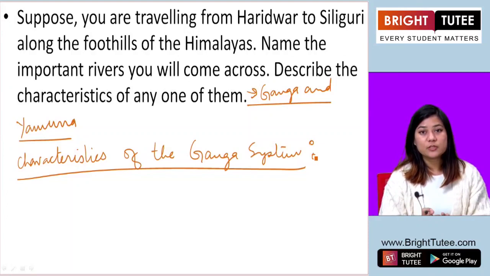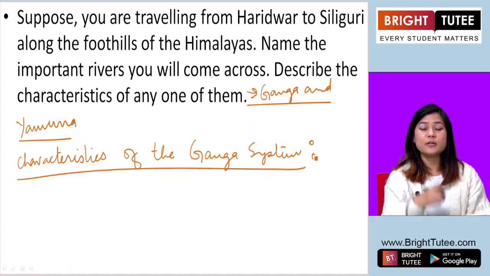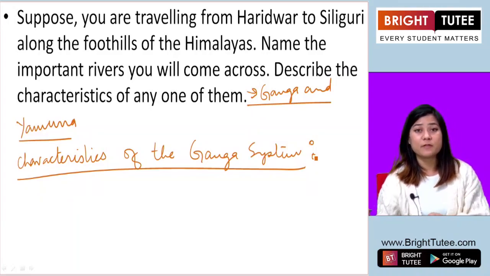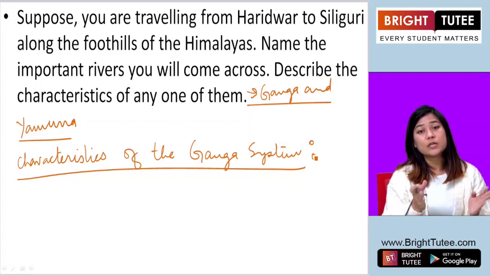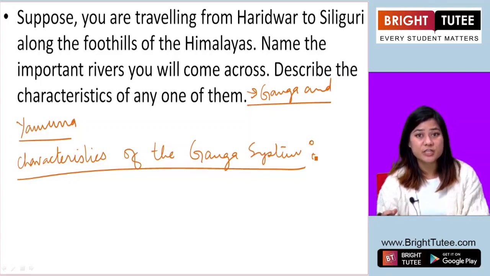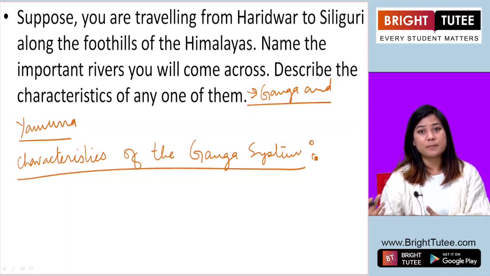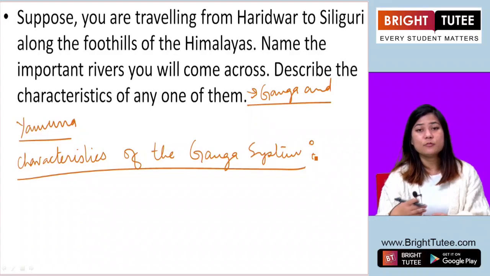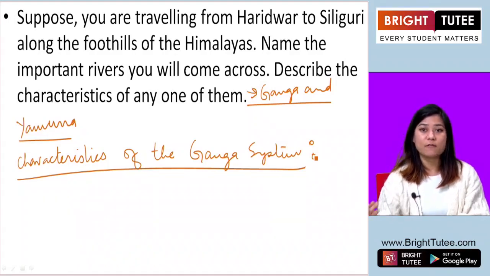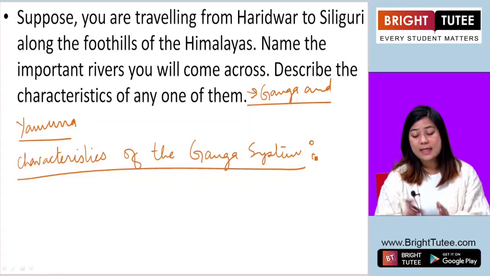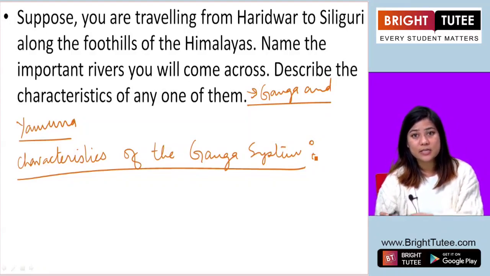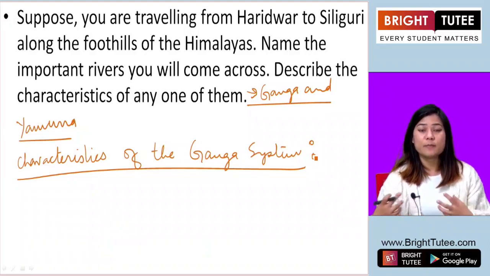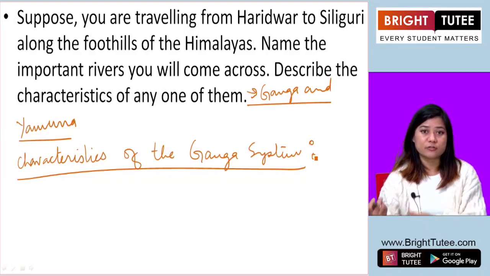But you can, in a similar manner, write down where it originates, the distance it covers over 2,500 kilometers, how it cuts through the mountains and comes out at Rishikesh, and from there joins the plain from Haridwar, flows through the most populous and most fertile land of our country, the northern plains, and then as it enters Bangladesh, it meets Brahmaputra and flows into a channel, creating the Sundarbans Delta before it drains into the Bay of Bengal.